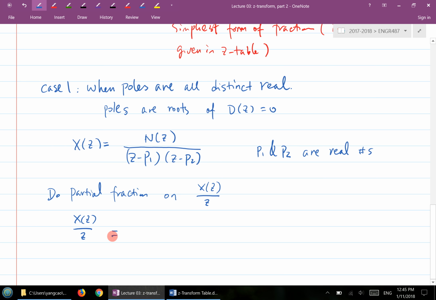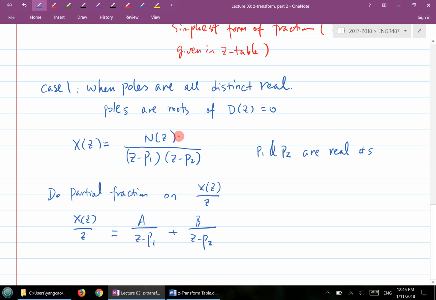So then the partial fraction expansion will be looking like this. Now, a lot of times this N of z contains a factor z.